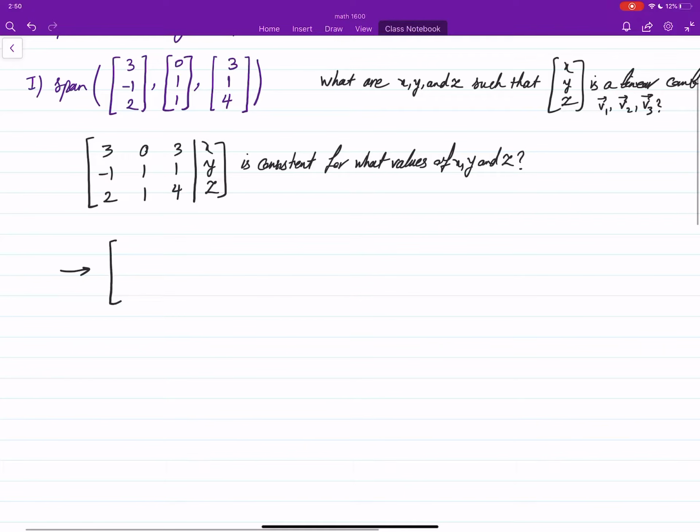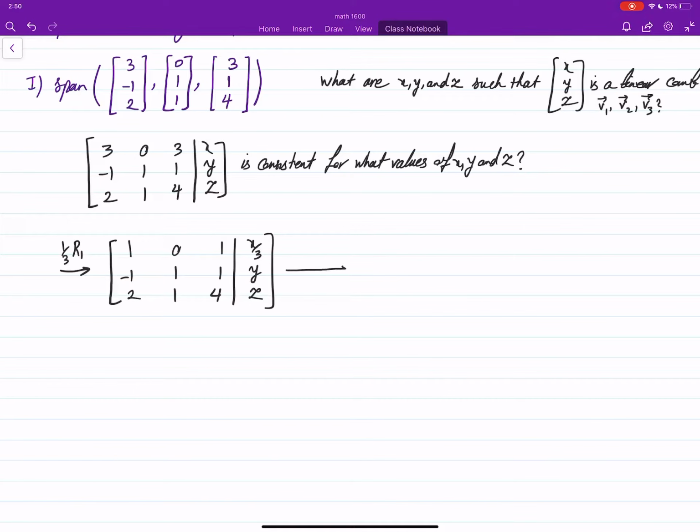So we row reduce it. What do we do? Let me first multiply row 1 by 1 over 3, so we get 1, 0, 1, x over 3. Now we can get rid of this negative 1 by adding row 1 to row 2. Also, we can get rid of this one by adding negative 2 times row 1 to row 3.